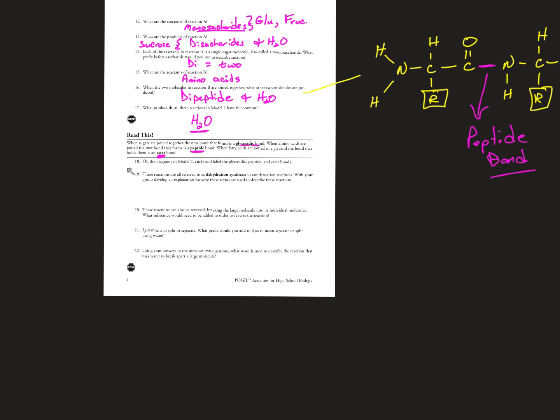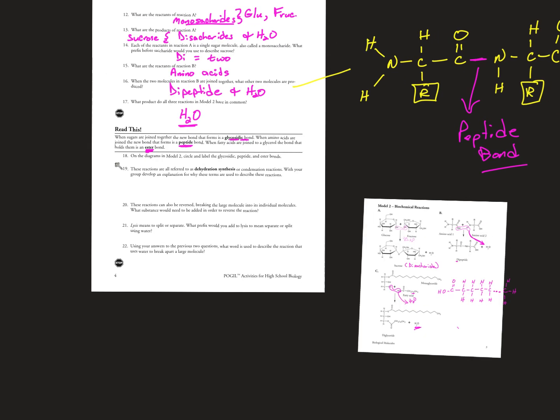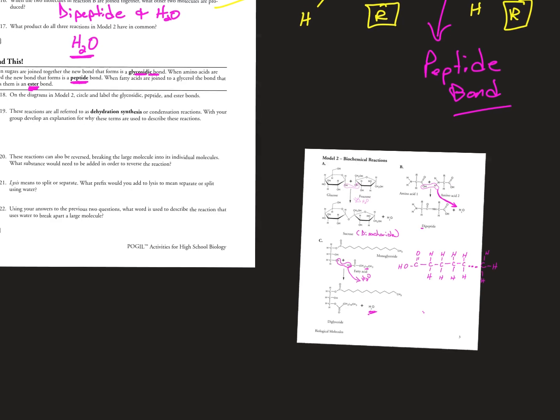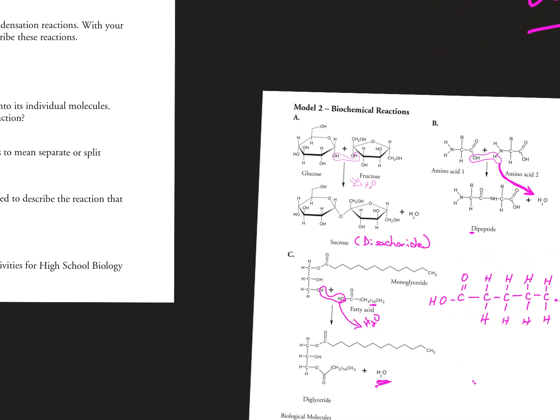On the diagram Model 2, circle and label the glycosidic, peptide, and ester bonds. The glycosidic bond, I'm going to circle it like they ask, and I'll do it in blue.